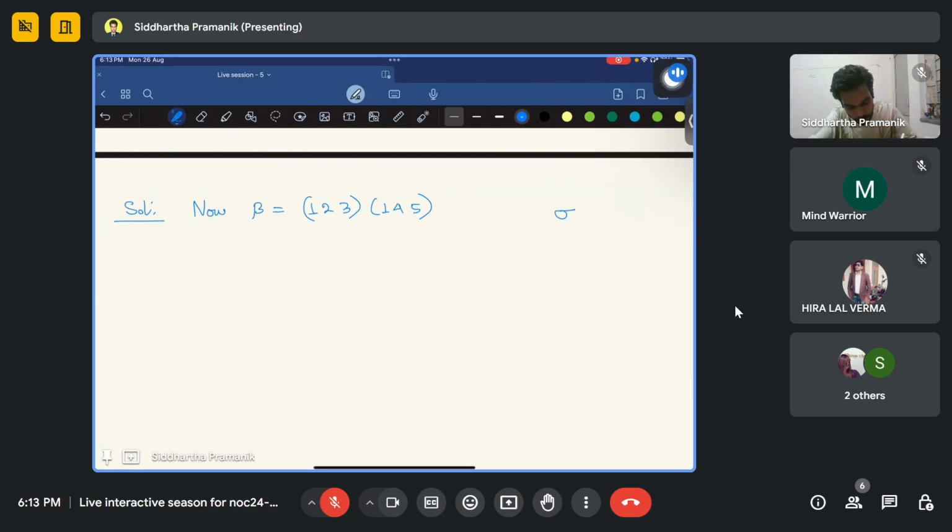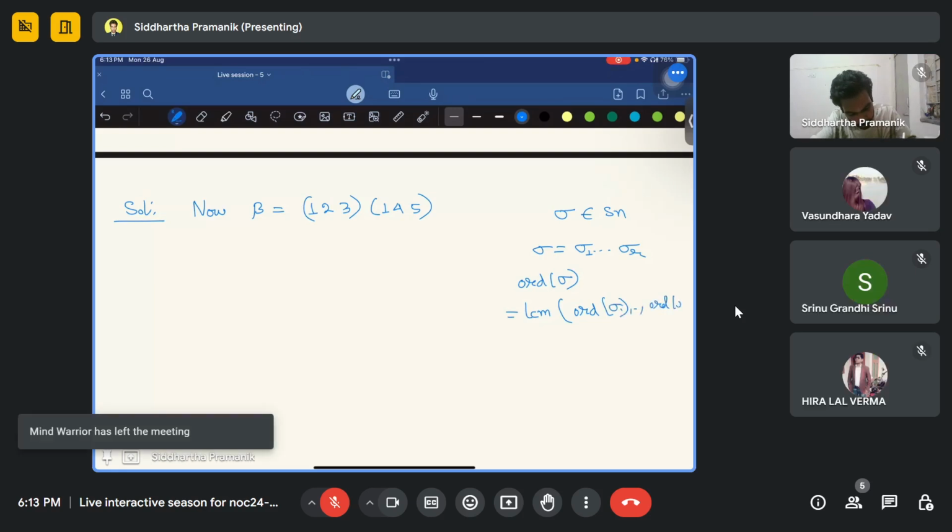Recall, if sigma is an element of Sn, and if we write sigma in disjoint cycle form, then order of sigma is just the LCM of order of sigma 1 up to order of sigma r.